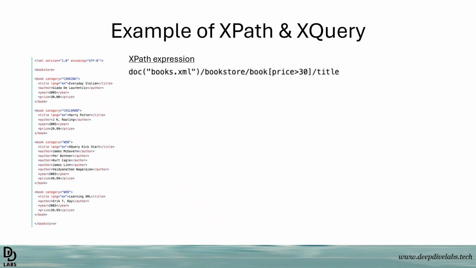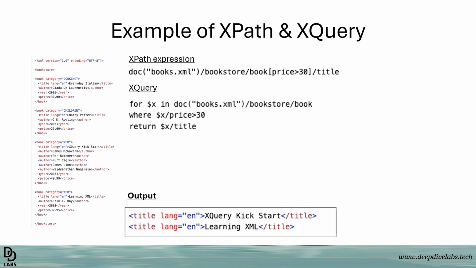An XPath expression is typically used to query your XML file. You can look at your document, books.xml, and traverse the hierarchy: bookstore, book, where the price is greater than 30, and the title of such a book. You can also do XQuery.